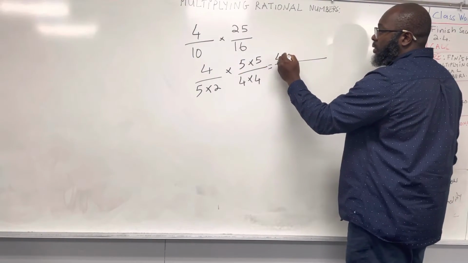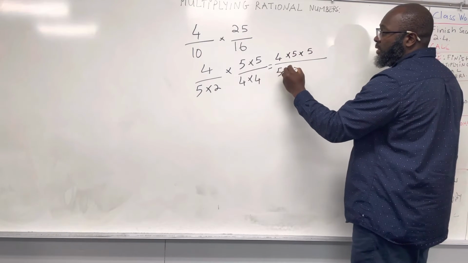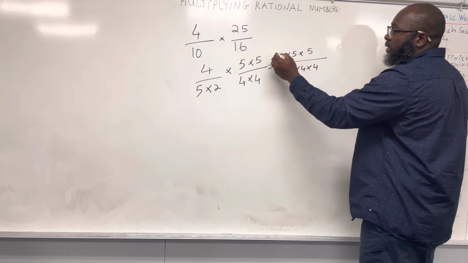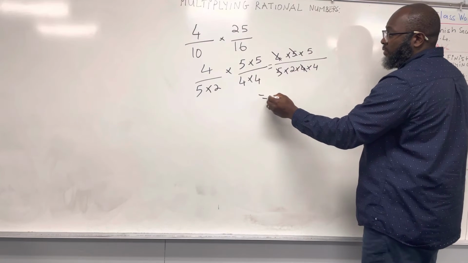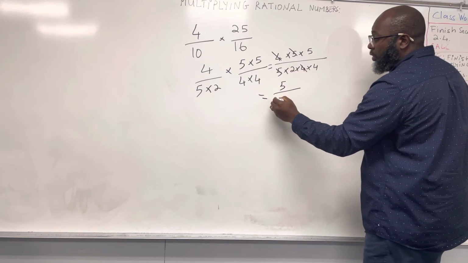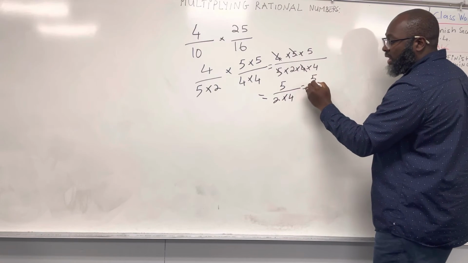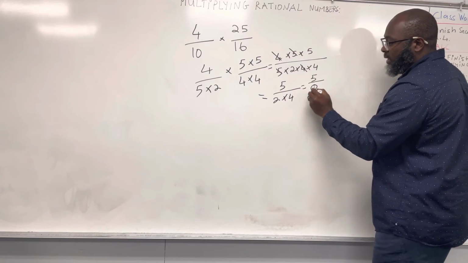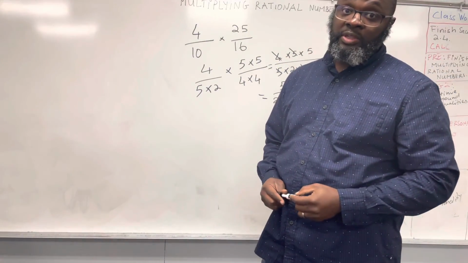So this is 4 times 5 times 5 over 5 times 2 times 4 times 4. You can cancel the 4s. You can cancel one 5, and you are left with 5 over 2 times 4, which is basically 5 over 8. And this is basically how to multiply rational numbers and then simplify them.